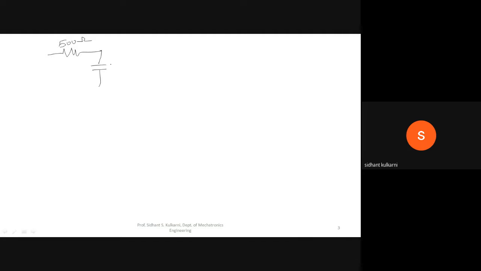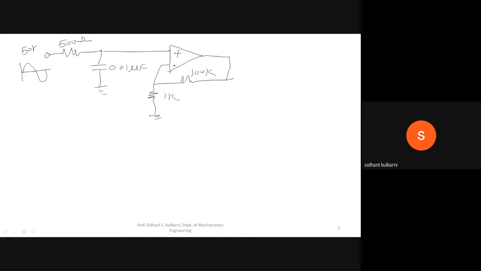Capacitance is there of 0.01 microfarad. This is provided to the non-inverting input of the amplifier, with the negative input connected to one of the resistors. Let's say this time the resistance is 100K and the resistance connected to ground is 1K. A sinusoidal input is applied, of 50 hertz. Okay, let's assume that this is 1 kilohertz.